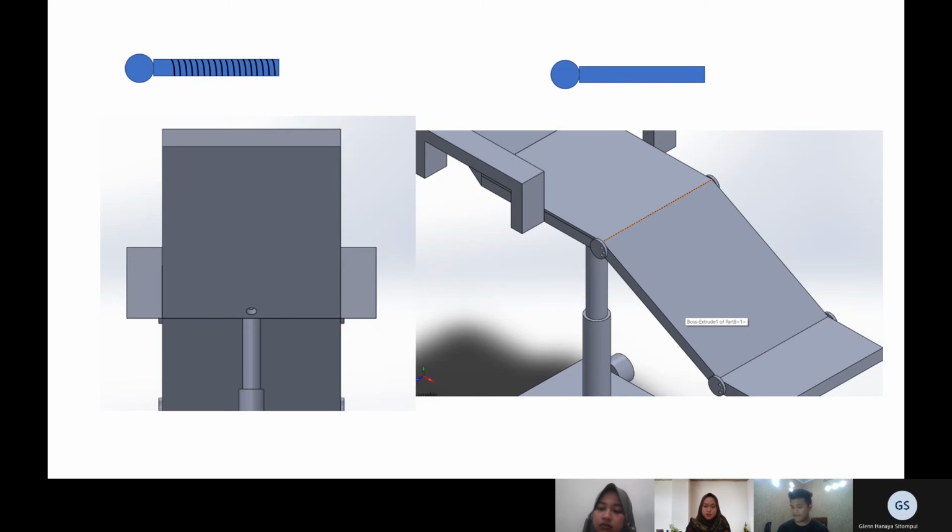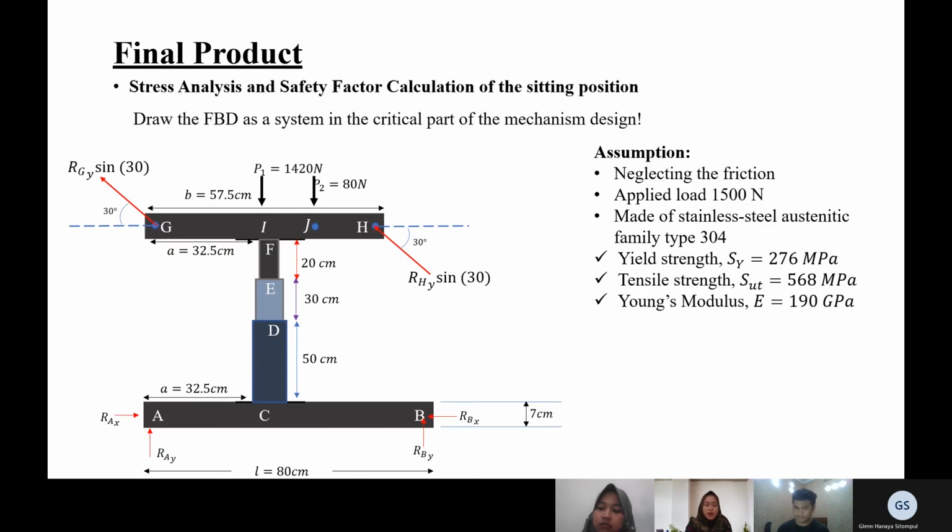Next, we have Leila. Okay, next we have the stress analysis and safety factor calculation of the sitting position and the horizontal position, which is at 180 degrees, where this is the main critical part. Here we have some assumptions, which are neglecting the friction force and an applied load of 1,500 Newton, made of stainless steel austenitic family type 304.